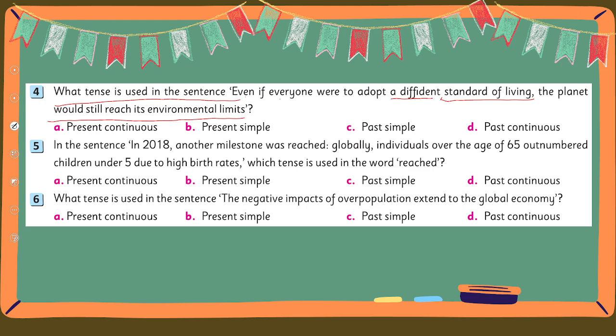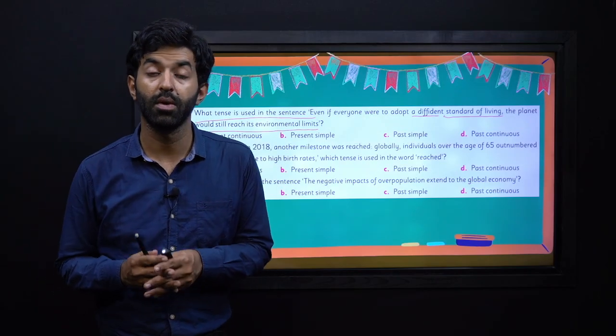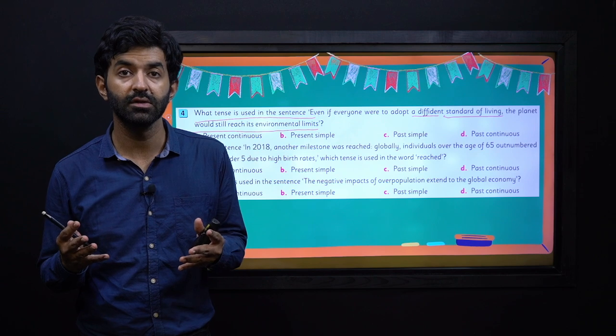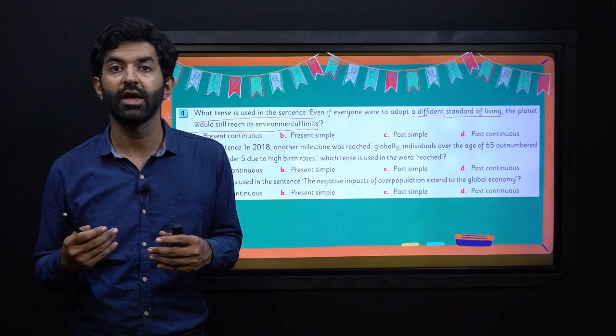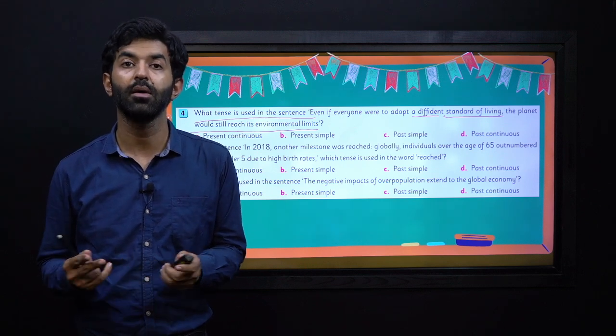Is it present simple? Is it past simple or past continuous? Now think about it and choose the right option. Similarly, do the rest of the remaining two sentences, follow the instructions and choose the correct kind of tense given in the multiple choices.